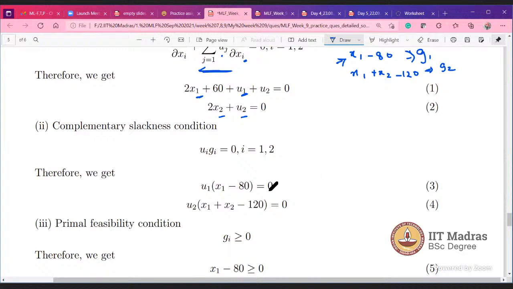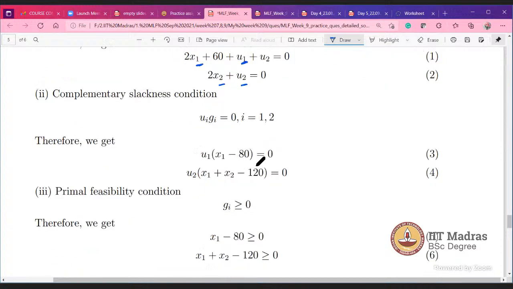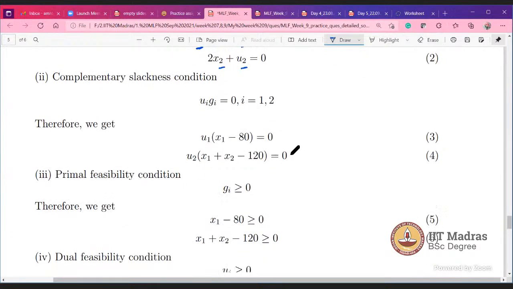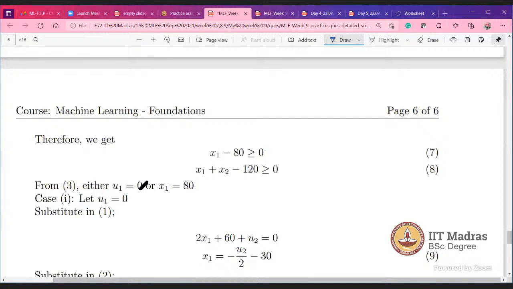If we take the first condition, u1 into x1 minus 80 equal to 0, then either u1 is 0 or x1 equals 80. When you have two possibilities, you have to check both.